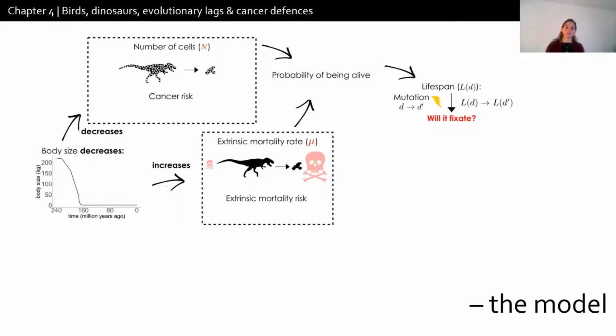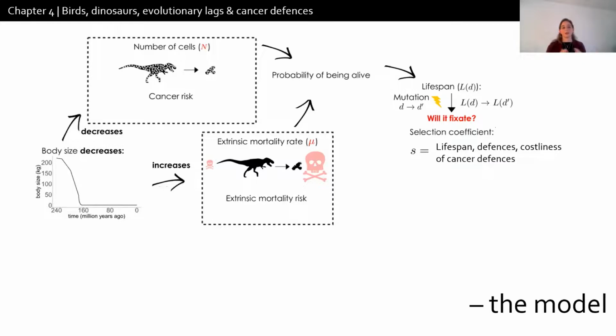So will they lead to substitutions or will they not be selected? For this, we have to get the selection coefficient. So this is basically how much better off in terms of fitness individuals are using the new mutated defenses compared to their current defenses.